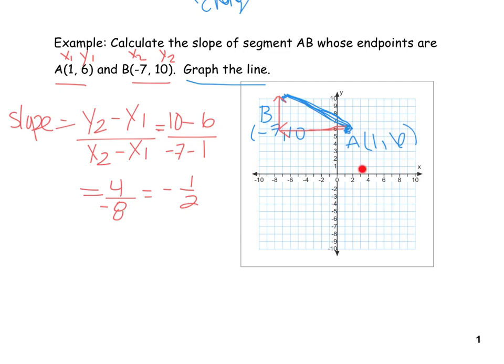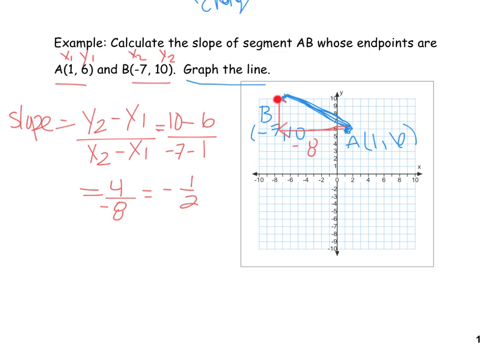Since the x-axis goes this way, this is the change in x. So the change in x is how many spots we've moved to go from here to here. Well, we're going from 1 all the way to -7, so we have to move 1, 2, 3, 4, 5, 6, 7, 8 spots. So that gives us 8, and since we're going in the negative direction to the left, it's a change of -8.